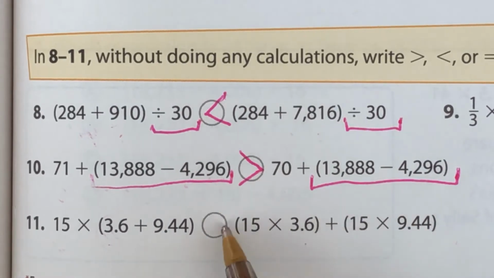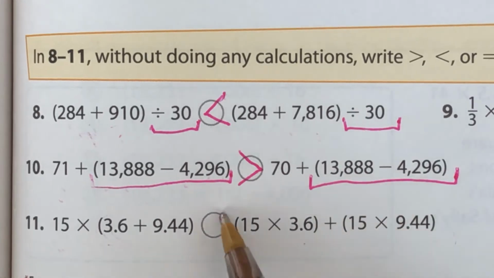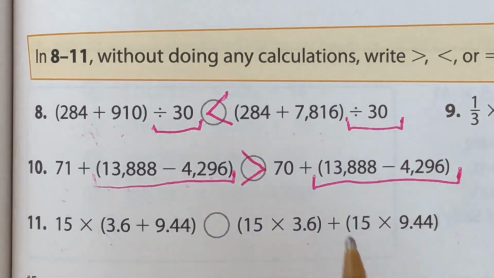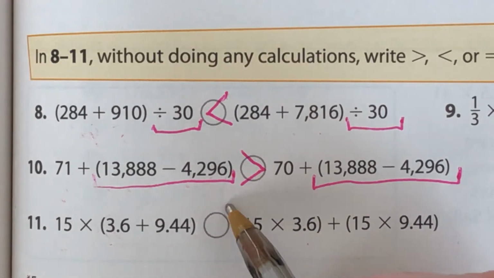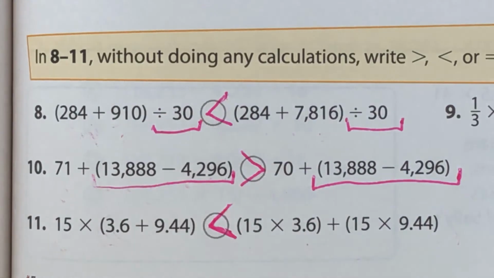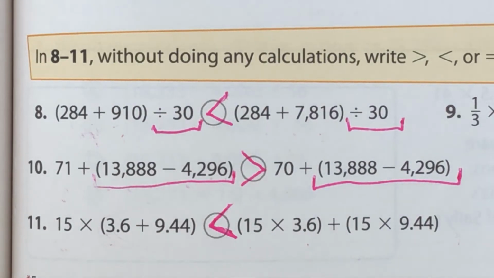So this has a lot more multiplication going on in this problem. So which one do you think is going to be the greater value? Well, this one, because it has more multiplication. So there are a lot of easy ways you can tell without even doing the math. If the expressions are similar in a way, you can look at certain clues that can help you see which ones are greater and which ones are less.